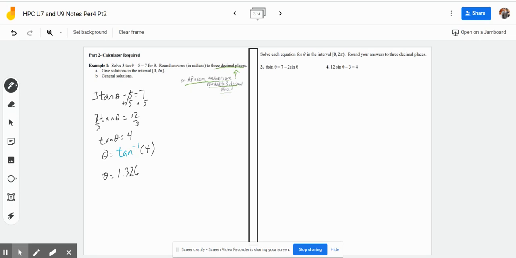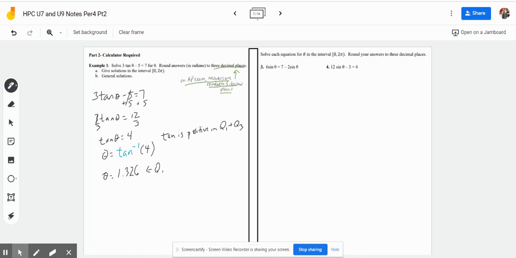Okay, so remember, now we have to do some trig facts and recall that tangent is positive in quadrant 1 and quadrant 3. So our first solution here, this is our answer for quadrant 1.